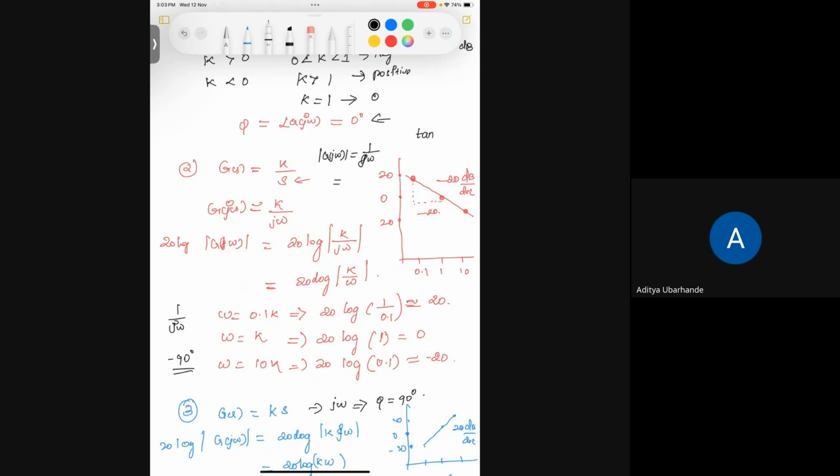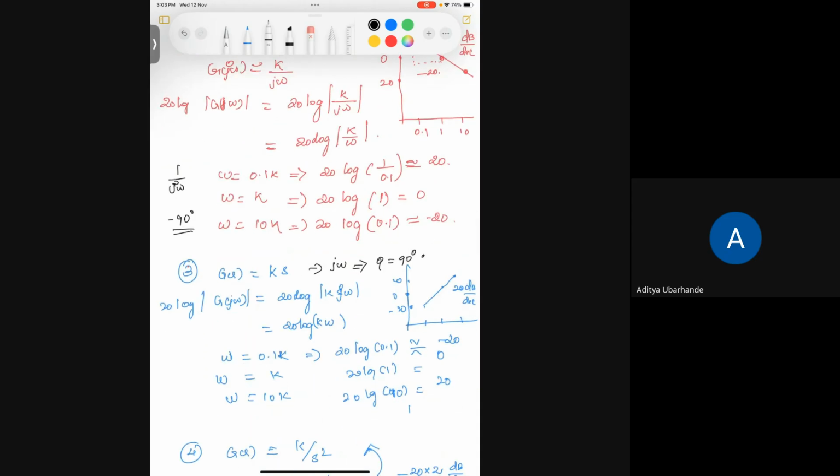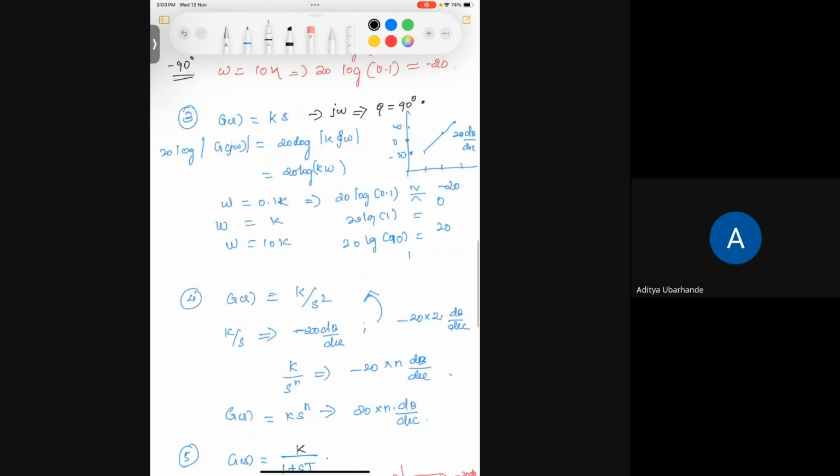And since it is in the denominator, we take it as minus 90 degree. So it's just tan inverse of imaginary by real, whatever value you take. Similarly, when it is in the numerator itself, it is 90 degree, not minus. Minus won't come for only zeros at the origin.